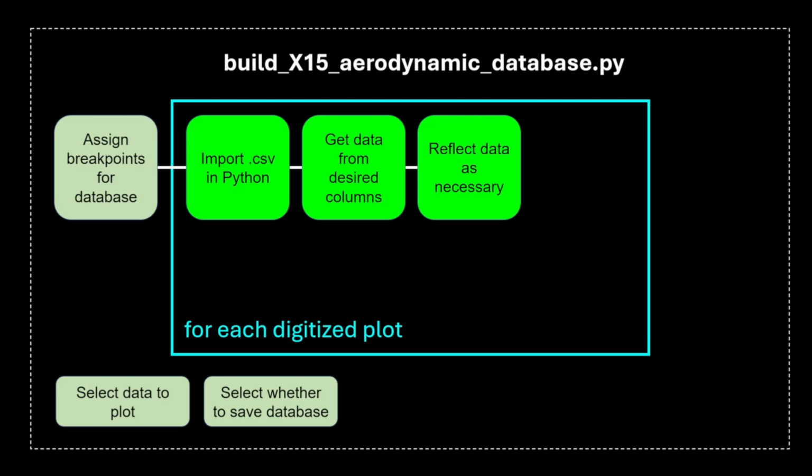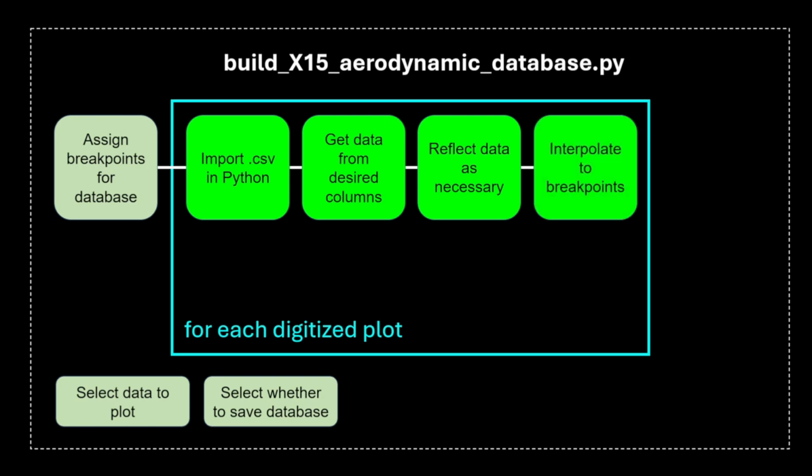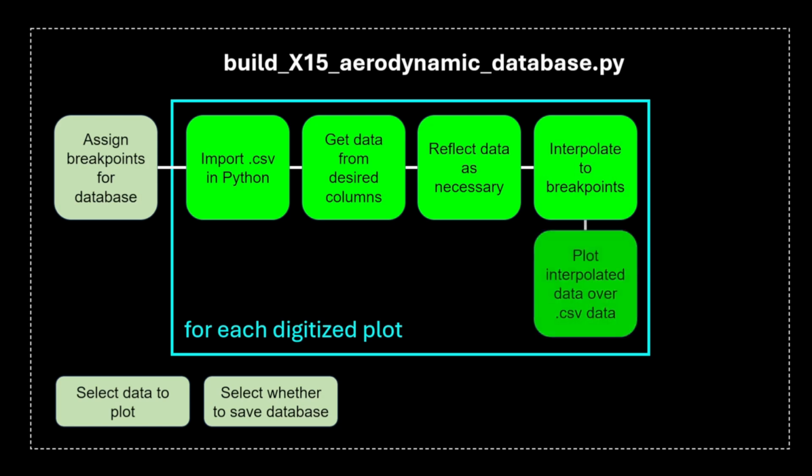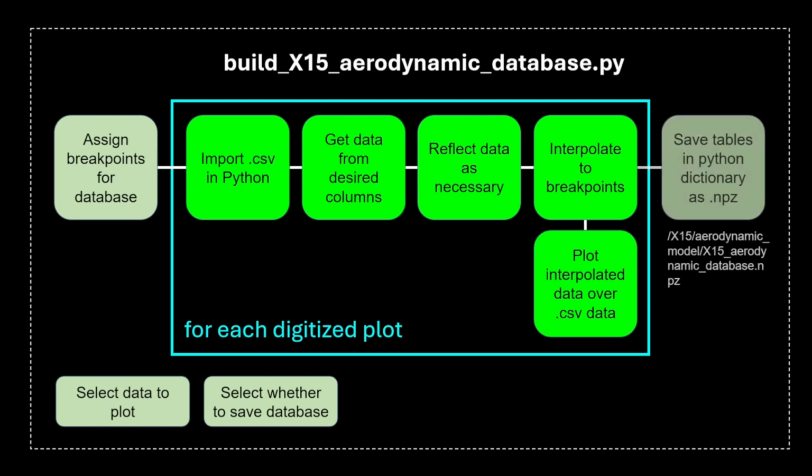The data is interpolated to the desired breakpoints. And finally, one has the option to plot the interpolated data as desired. At the end of the script, all tables are stored in a dictionary with descriptive key names. The dictionary data is saved in the aerodynamic model folder as X-15 aerodynamic database.npz.